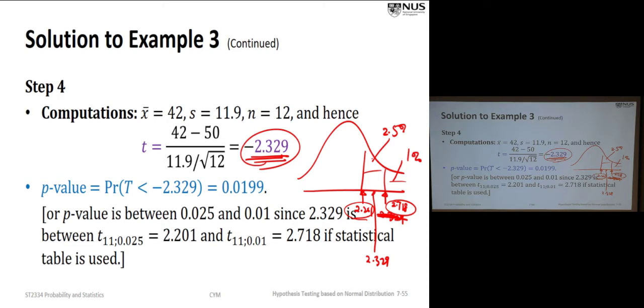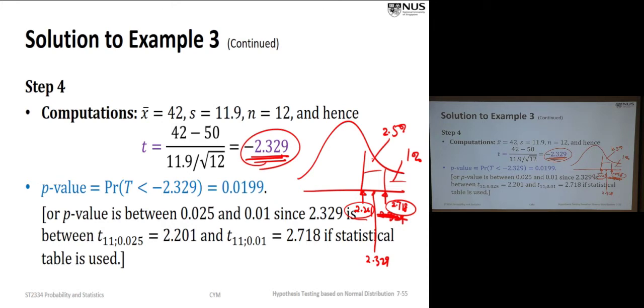So let me ask you, if at the beginning I don't set 5%, but instead I set 1%, what's your conclusion? I don't know the exact p-value, but based on the argument I just made, do you reject the null hypothesis if my alpha is 1%? What's the p-value again?